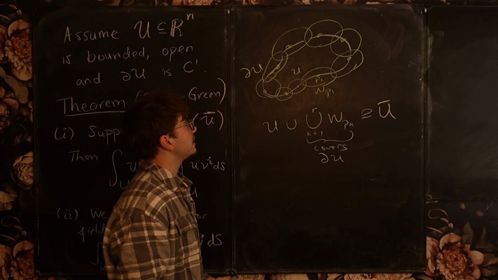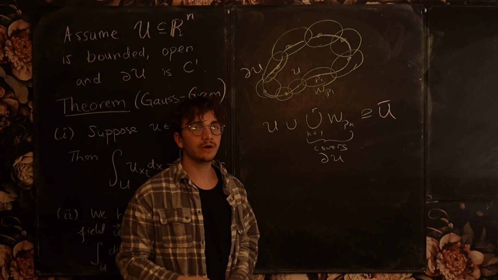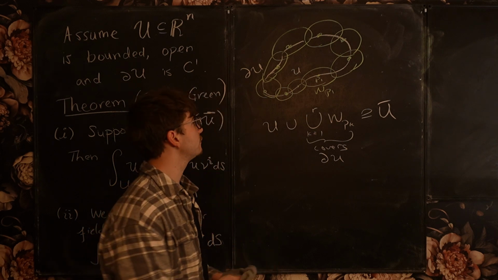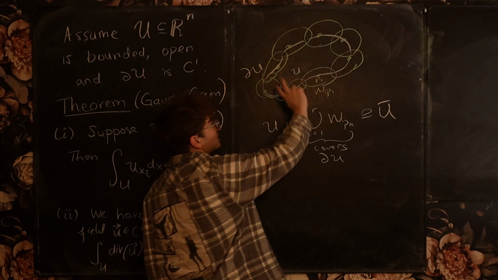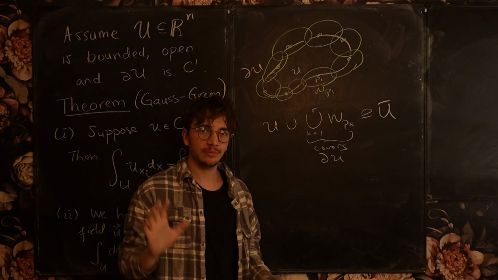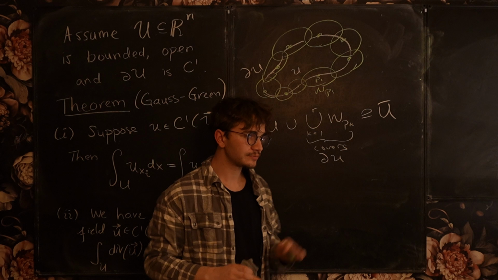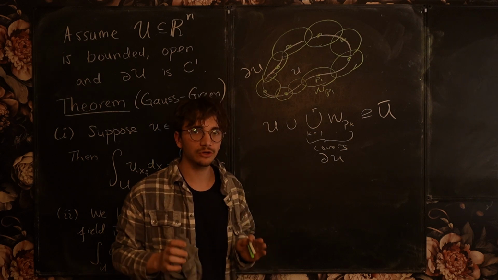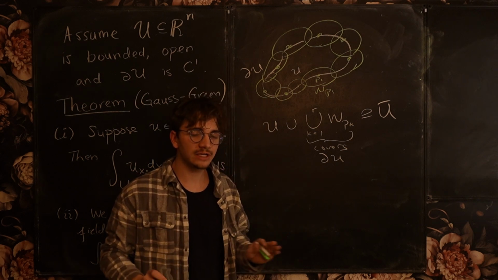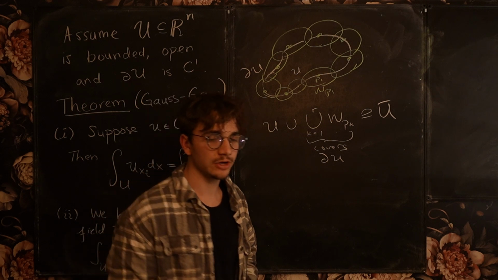Now what we're going to do is restrict the proof to each of these open sets. We're going to consider all of the open sets independently of each other. Now that might seem like a bit of a crazy jump. The reason why we're allowed to do this is because of the existence of something called a partition of unity.